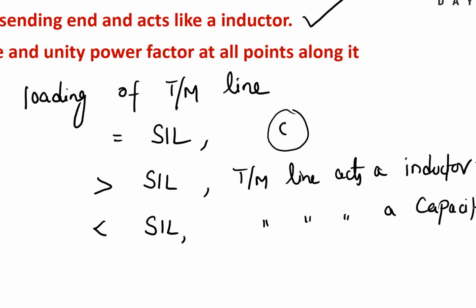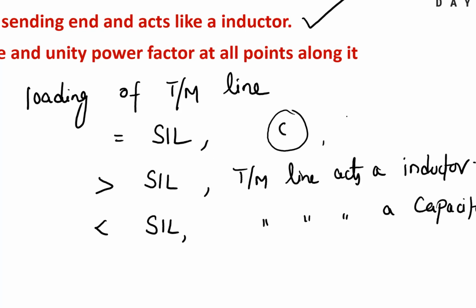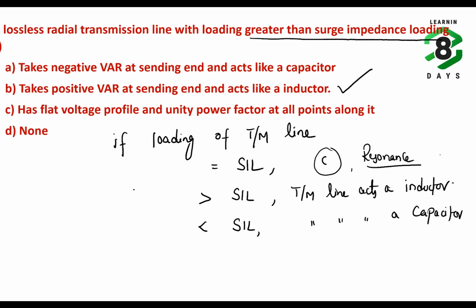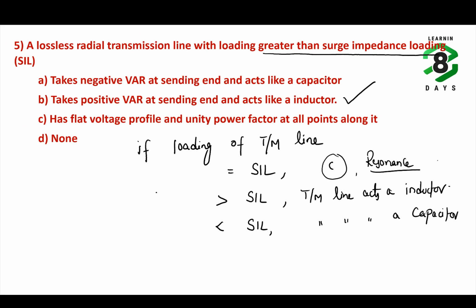Understand? If the loading is equal to SIL, it is in resonance. So in resonance, you can observe the power factor of the network becomes unity, and it has a flat voltage profile. Understand? Because it is a lossless line.